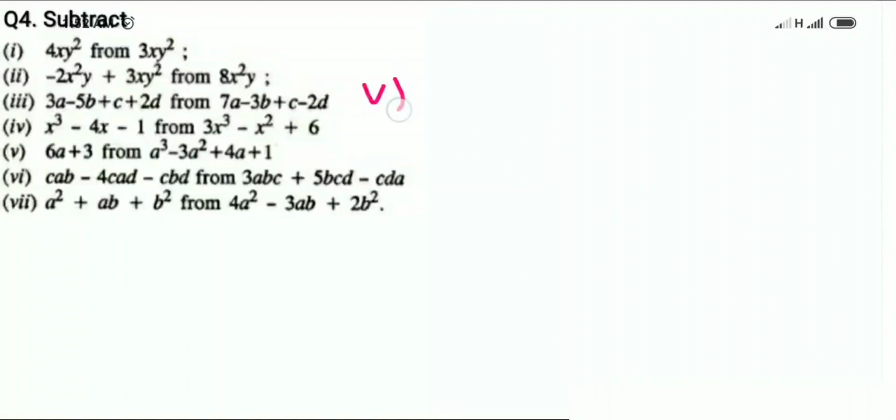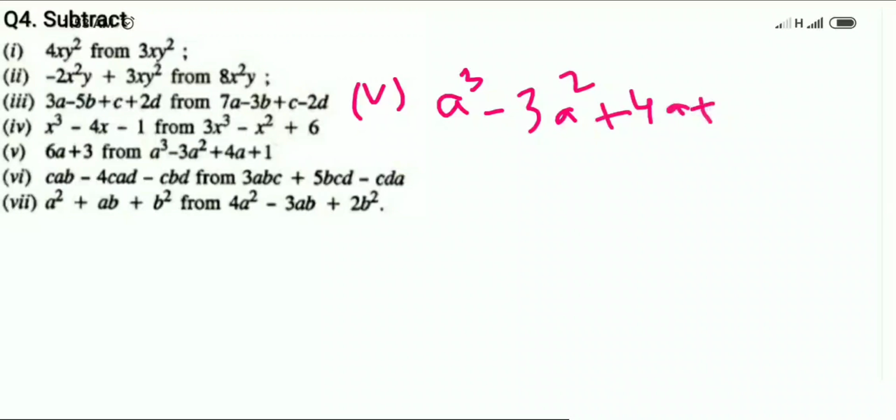Number 5 is a cube minus 3a square plus 4a plus 1 minus 6a plus 3.